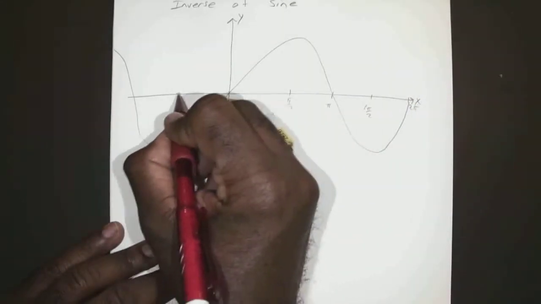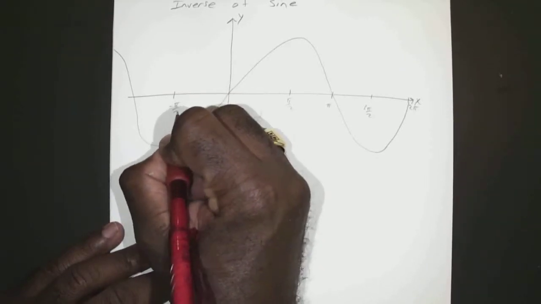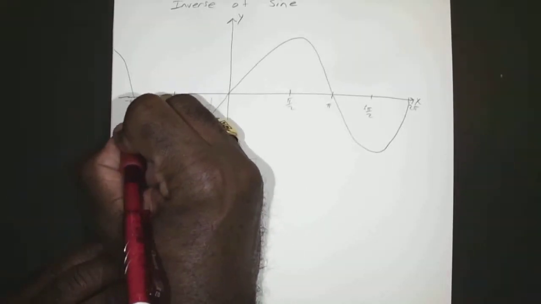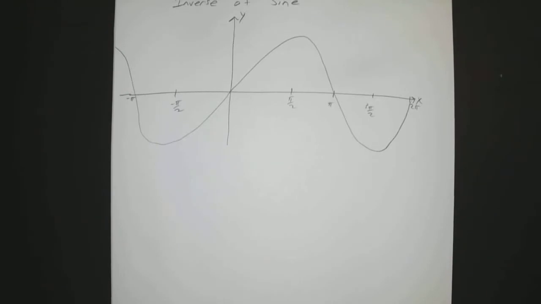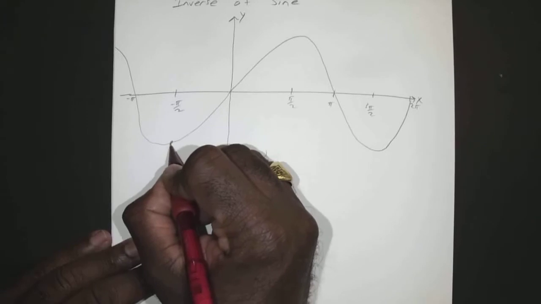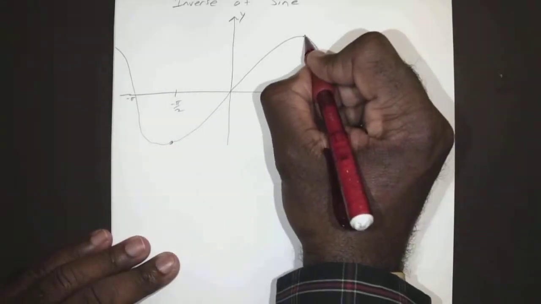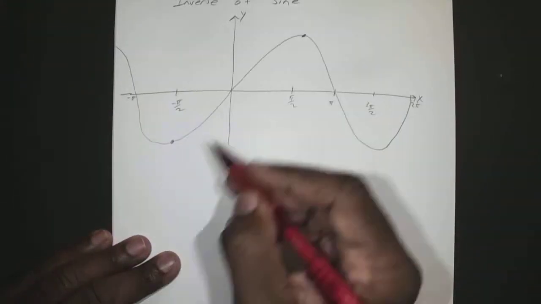okay, since we know, let's say this goes from negative pi over 2 to negative pi, and this is our 0 there, which we don't really have to mark. Okay, so in order to pass the horizontal line test, we're just going to take it from negative pi to pi.